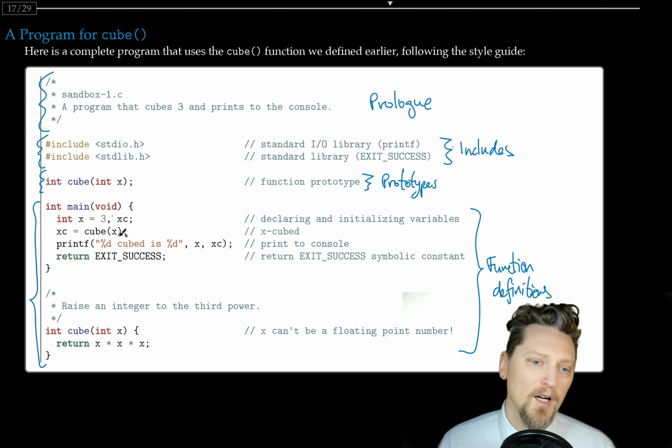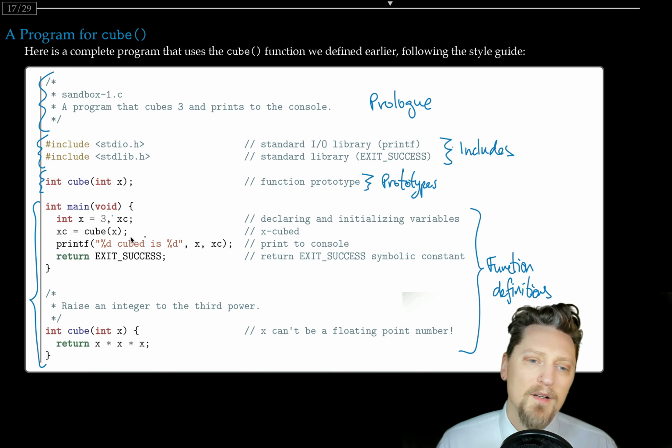And then we're going to use printf to print this string to the console. This is a formatted string, and we'll talk more about printf later, but printf allows us to print a formatted string. Inside the string, we have these special characters appearing. %d says we're going to put an integer there.